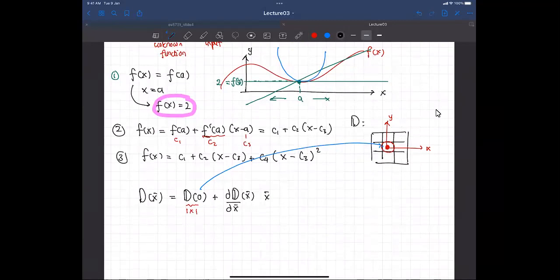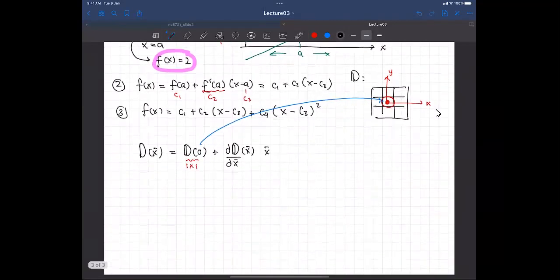Now, what is the derivative of your DOG? What is the meaning of that? dD/dx bar equals to what? Remember the derivative. What does the derivative mean here? It's a gradient, right? Image gradient, in this case, DOG gradient. The DOG gradient is a vector, right? So you have dD/dx, dD/dy.